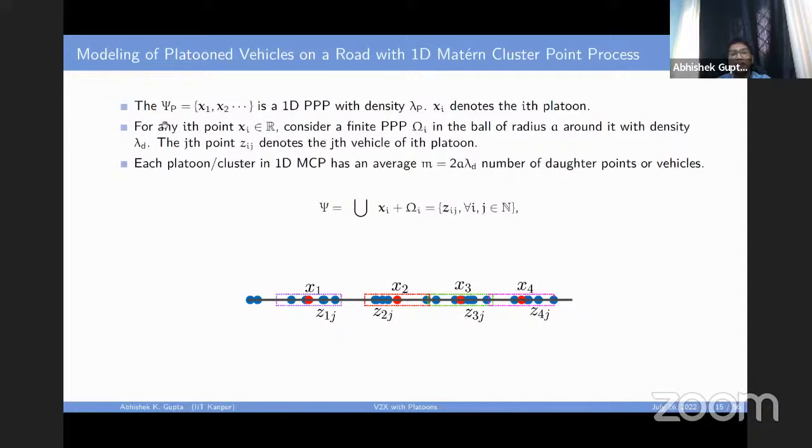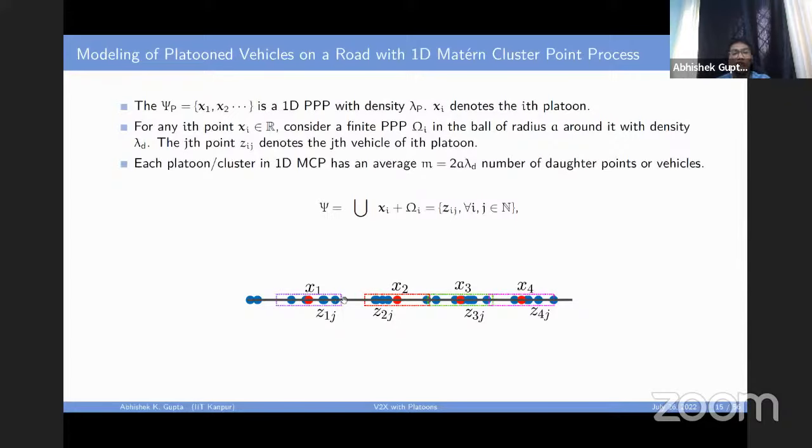Now inside the platoon, you have a fixed radius of A, which we call the platoon radius, right? So in that area from minus A to plus A around the center, you will have vehicles which again form a finite point process. We model them this way because some randomness can be there in the movement, so it may not be possible to maintain the exact distance.